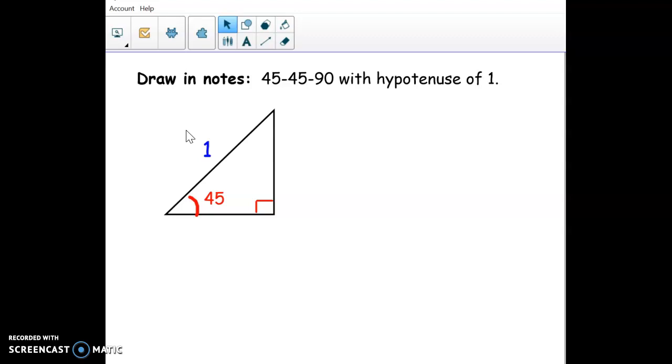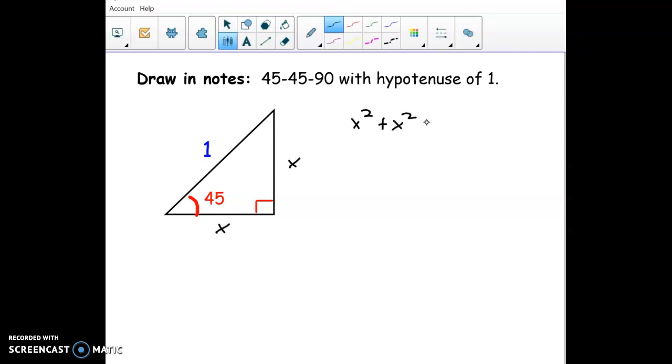But what we'll get for these sides, if we actually do a little math here, if we basically say these sides are x, right? Then we could say x squared plus x squared has to equal 1 squared because of the Pythagorean theorem.